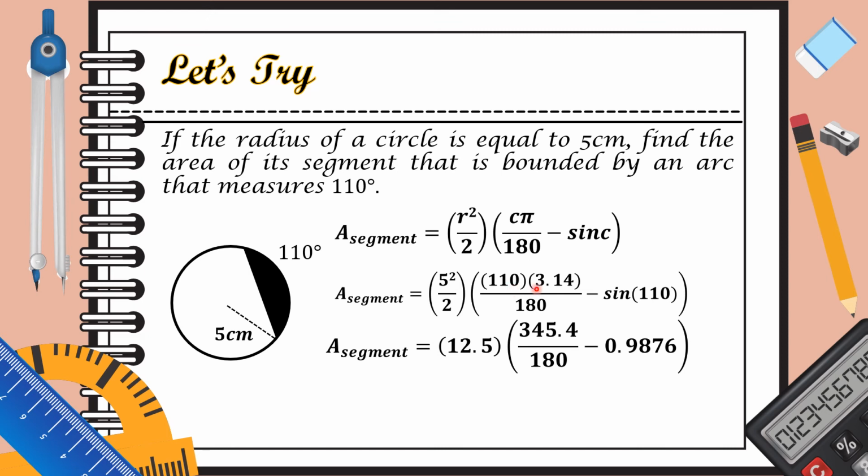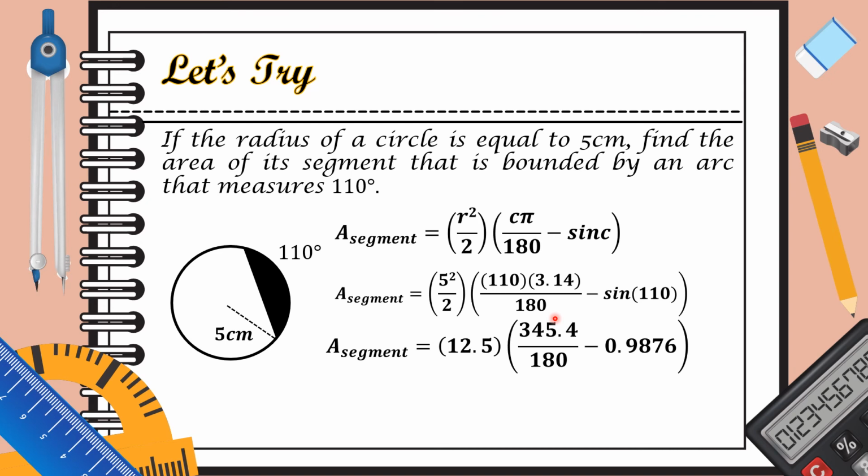And 110 times 3.14 is 345.4 divided by 180. Yung sine 110 is 0.9876.